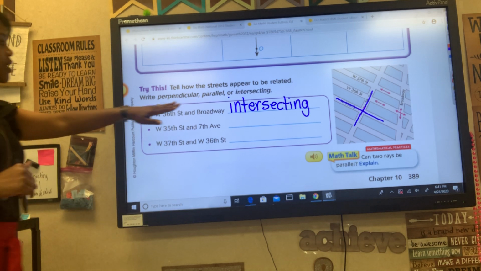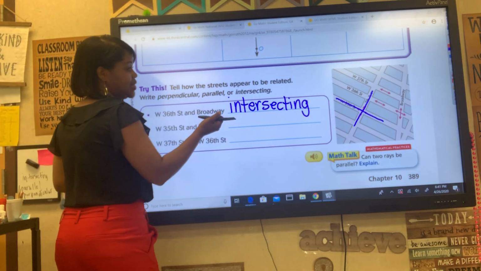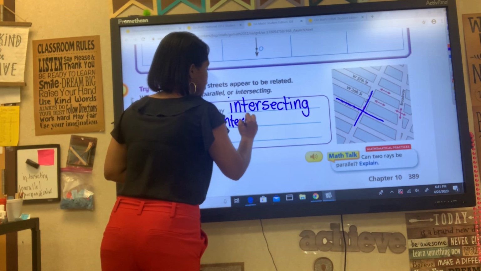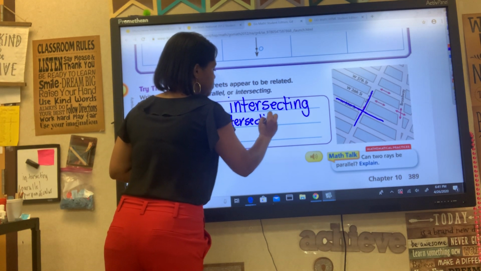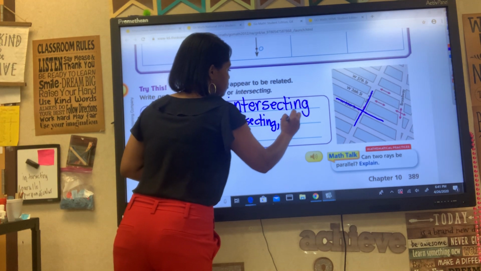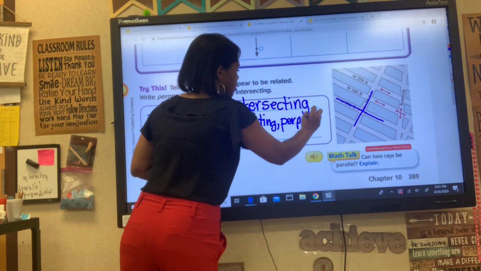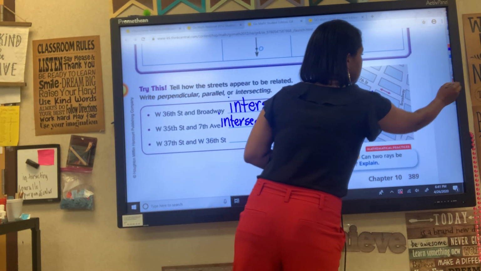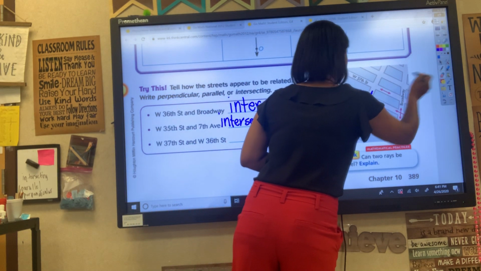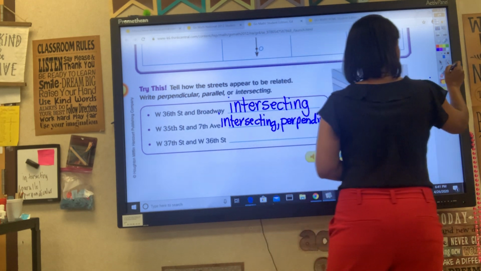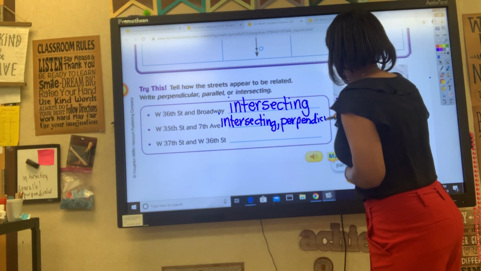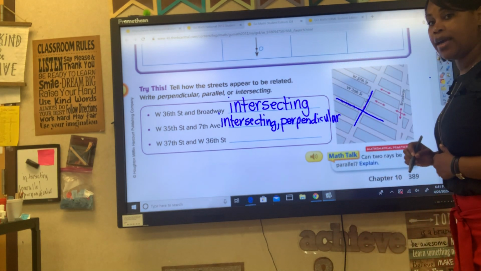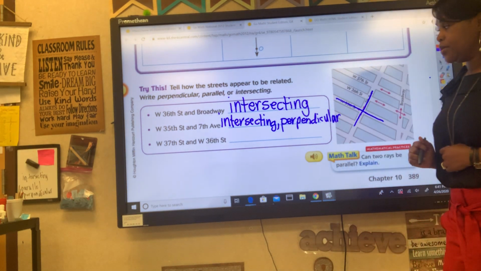Okay, these lines are actually intersecting and perpendicular. So I'm going to write intersecting and perpendicular. Okay, go ahead and write it on your paper.